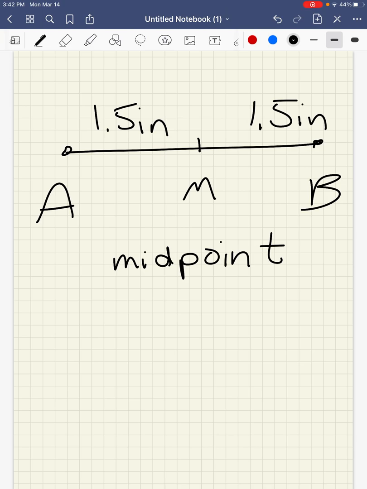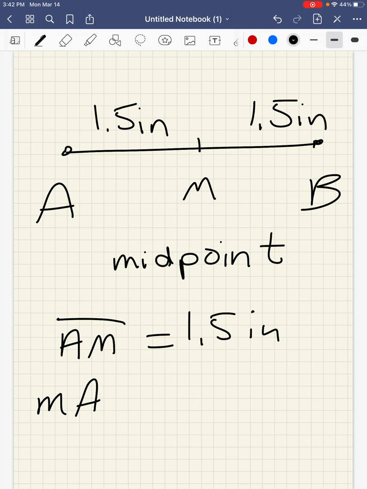So that's the two different ways that you write the measure of something. For example, up here in this example, I could say that AM equals 1.5 inches. And the other way I could say it is the measure of AM is 1.5 inches. Either one of these means the same thing.